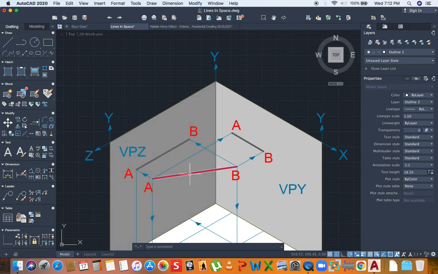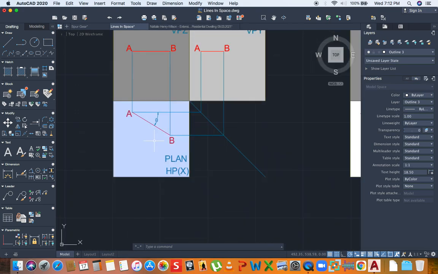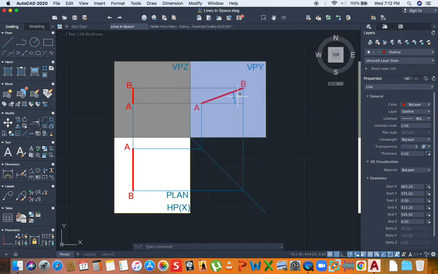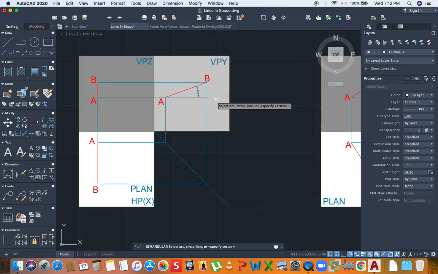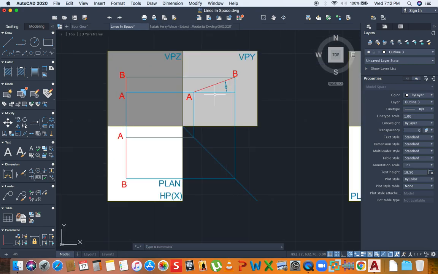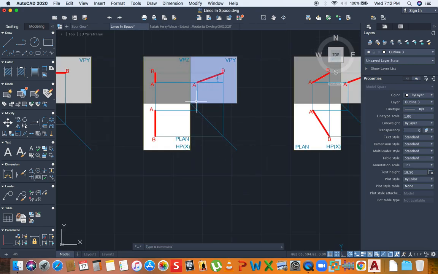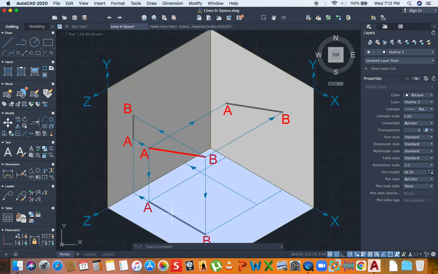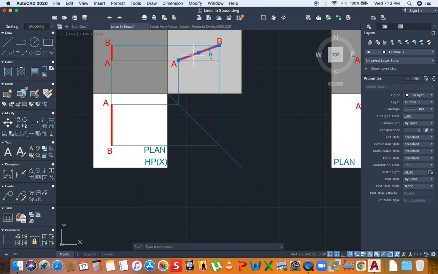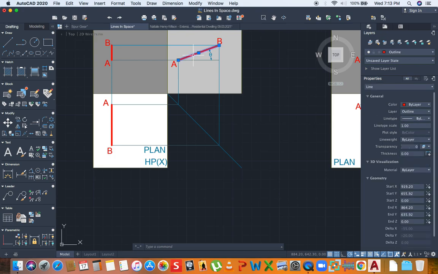So this line is sloping 31 degrees to this axis, and the true length is reflected here. This line is sloping 20 degrees to the horizontal axis, as you can see here. And this is the true length, right?